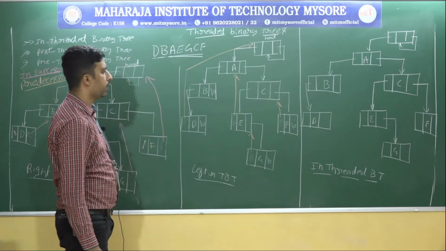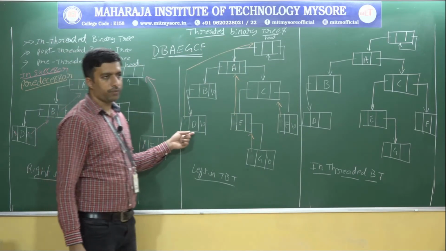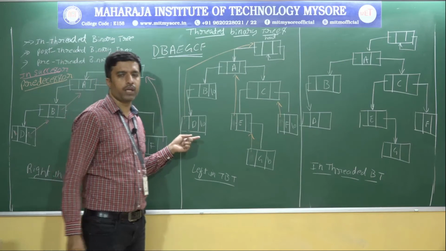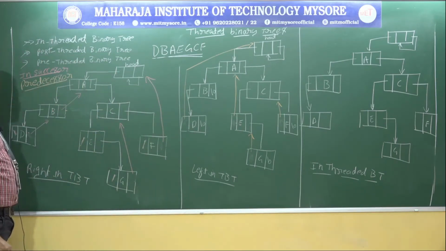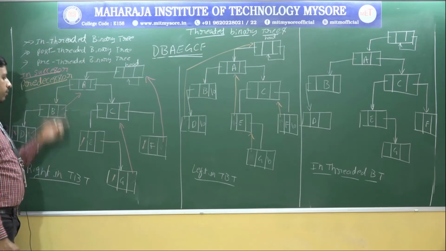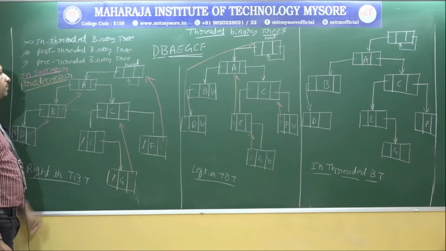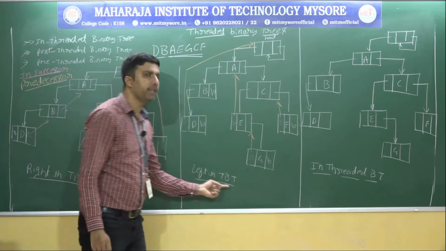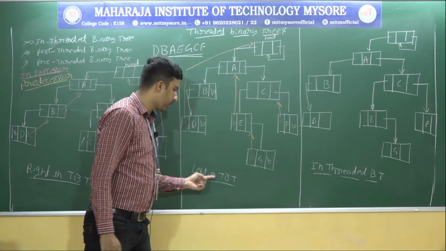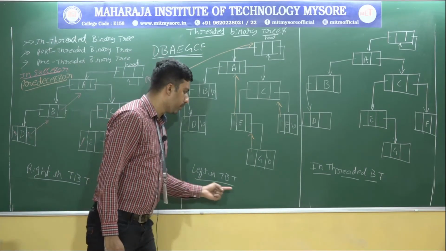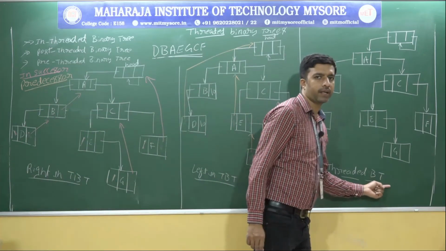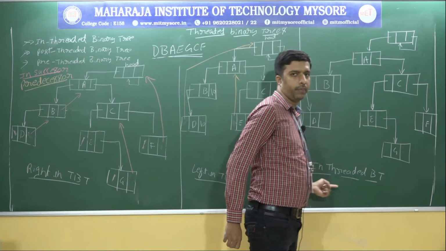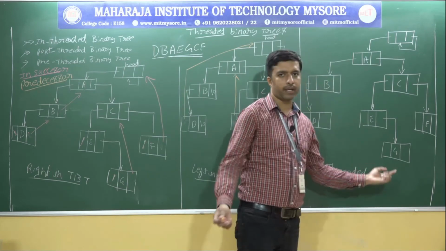That's it. Wherever we find a null value in the left node, we replace it by the predecessor. Right side by successor, left side by predecessor, that is left in threaded binary tree. If you mix these two, it becomes in threaded binary tree. It's simple.